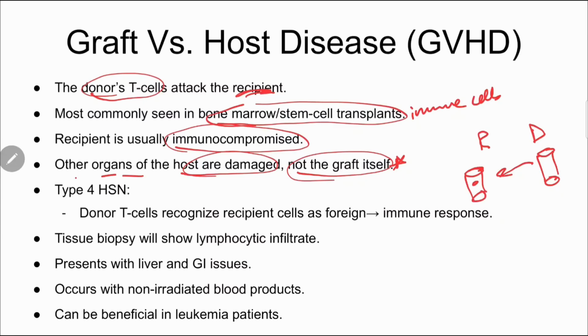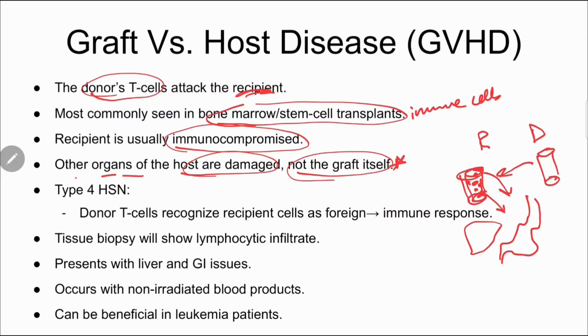So the immune cells from the bone marrow, from the donor, will start attacking other organs such as your stomach or your liver, but not the graft itself, because the graft itself is the bone marrow. So again, other organs are damaged when you have graft versus host disease. But in a transplant rejection, the graft itself is damaged.